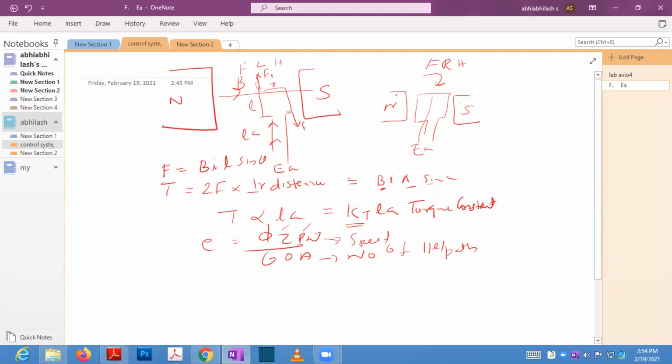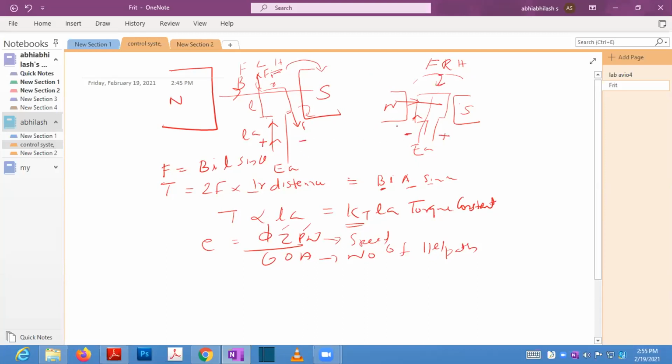The flux direction is the same in both cases, and the current direction is also the same, but the rotation differs. If the induced voltage is plus minus in one, then it is minus plus in the other.